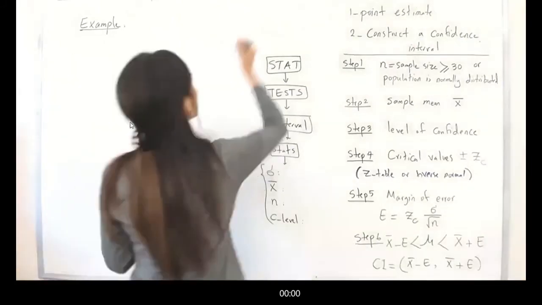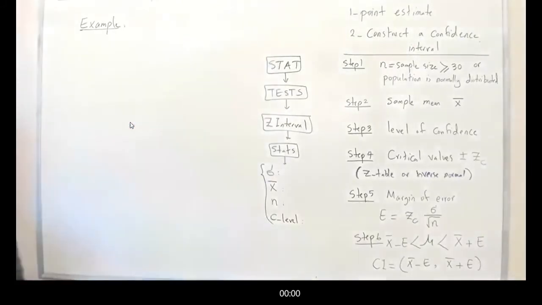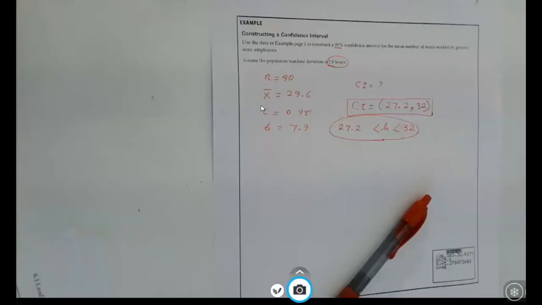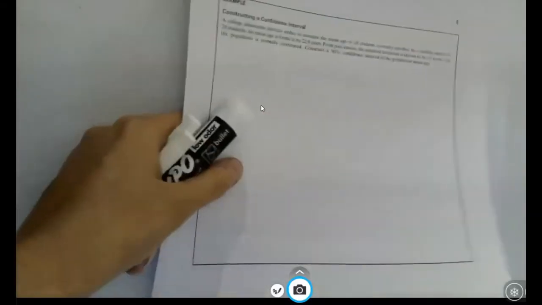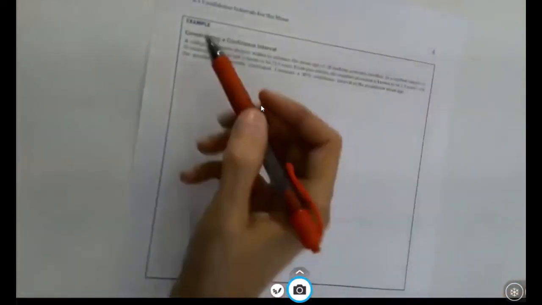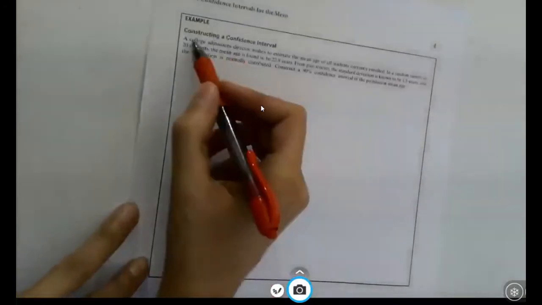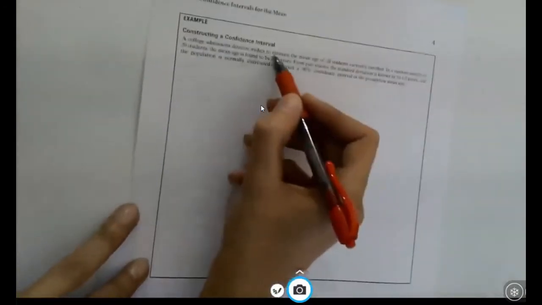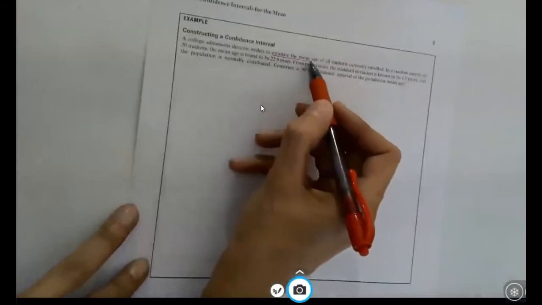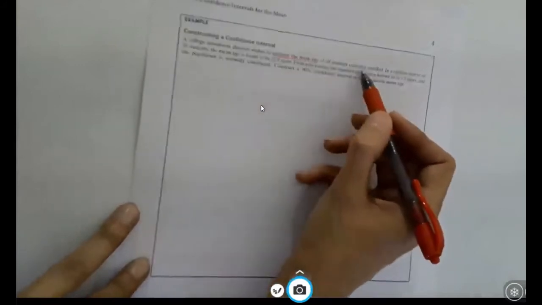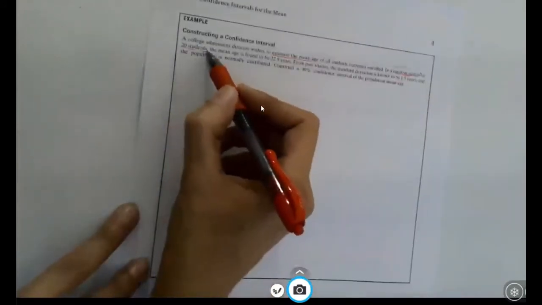So we are on page 4. Example. On page 4, we're constructing a confidence interval. A college admissions director wishes to estimate the mean age of all students currently enrolled in a random sample of 20 students.